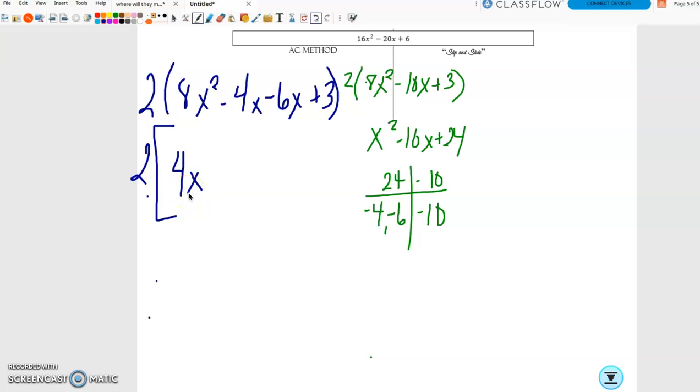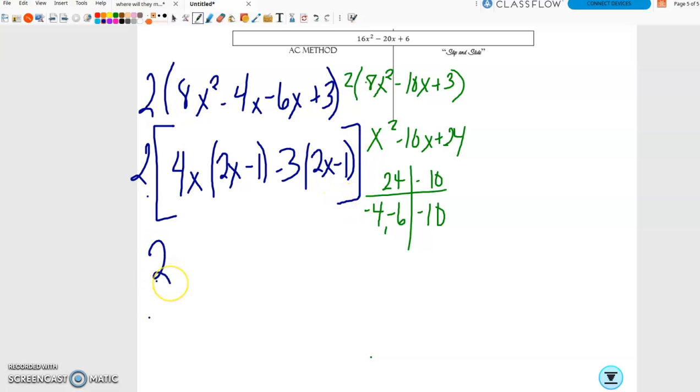We can take out an x, which leaves us with 2x minus 1. And then we have a negative 6 and a positive 3. Because we need the inside to mirror, we're going to take out that negative 3, which is going to leave us with 2x minus 1 inside the parentheses.